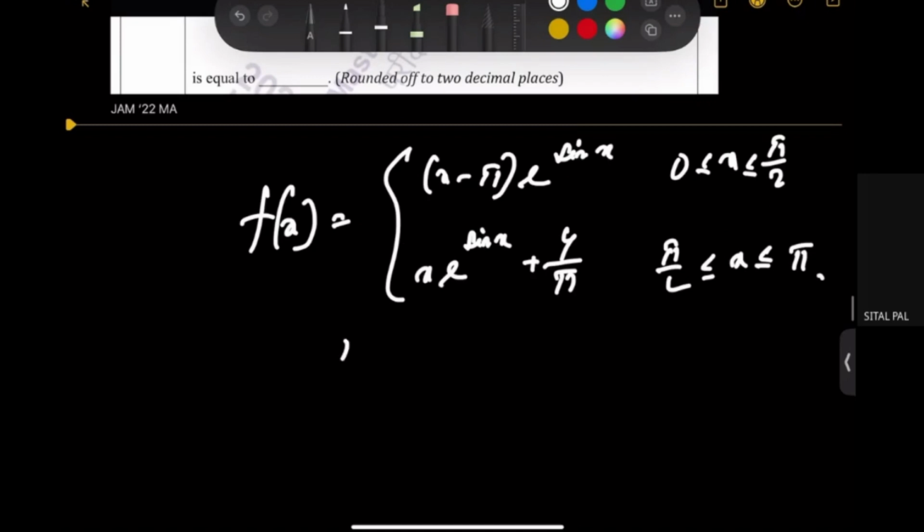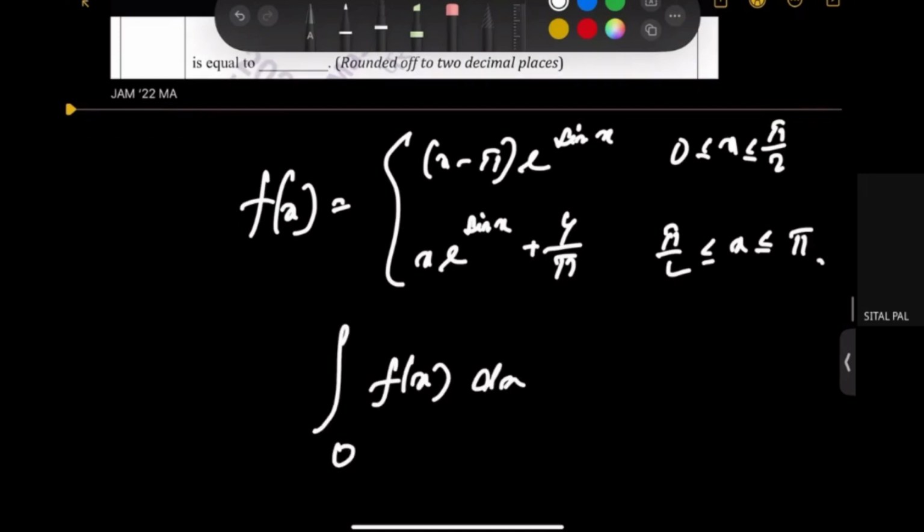So you are asked to find the integral of f(x) over the limits 0 to pi.